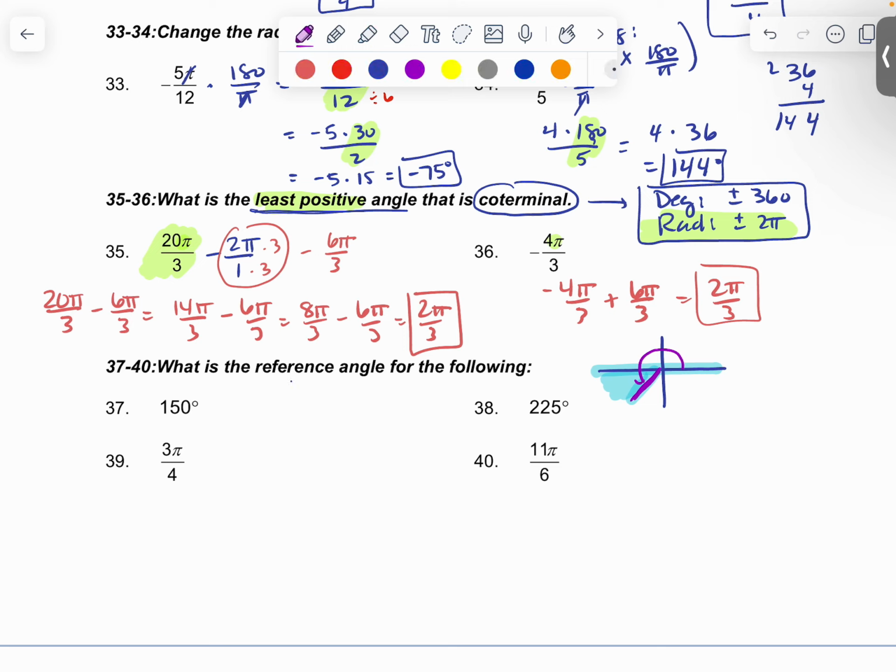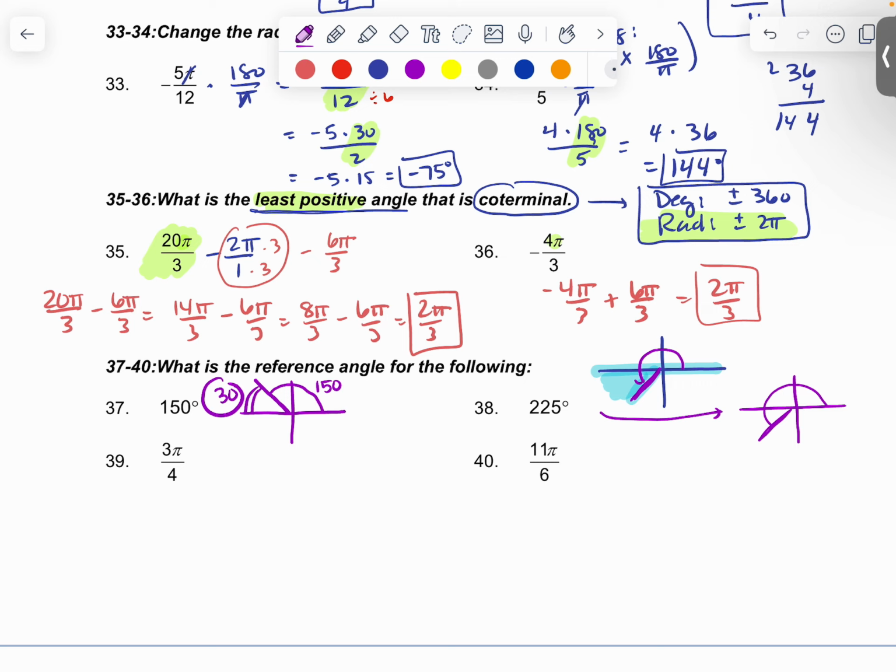Let's see what it is for 150. I like to draw these out. 150 degrees is somewhere right there. There's the terminal side. Here's your reference angle. If this is 150, this has to be 30 degrees to make 180. So the reference angle for 150 is 30. Now for 225, I'll redraw it over here. This is 90, 180, 225, somewhere over here.